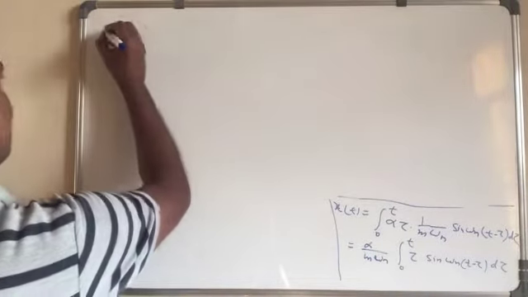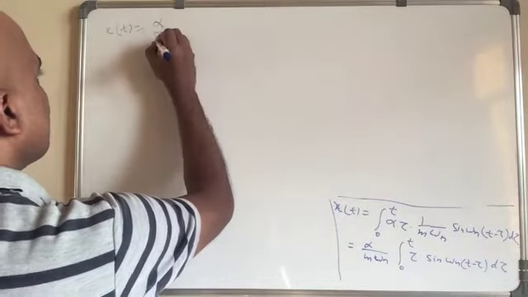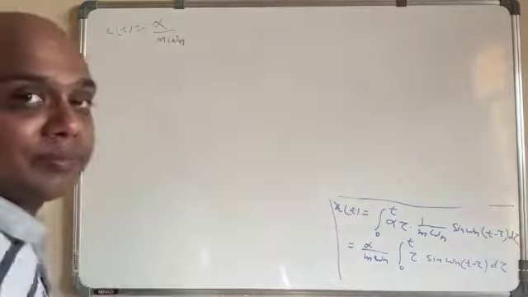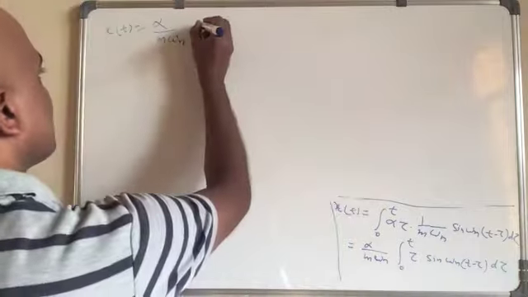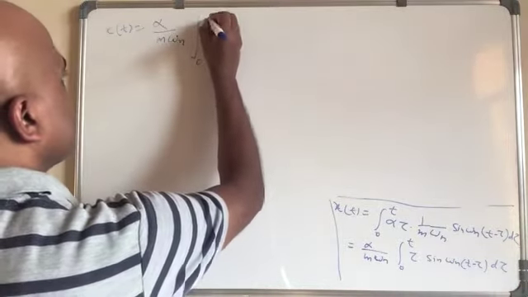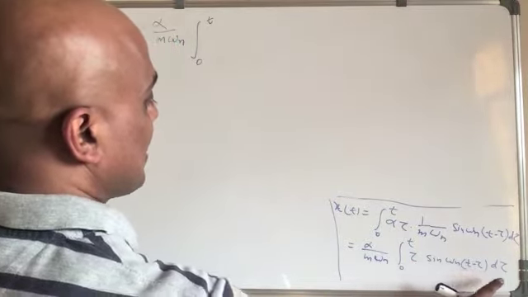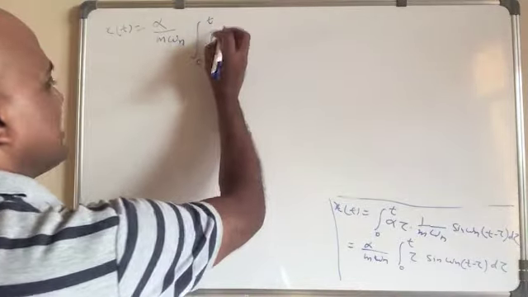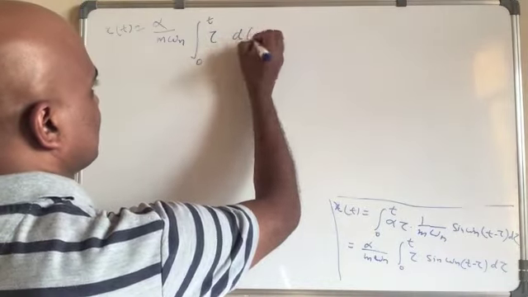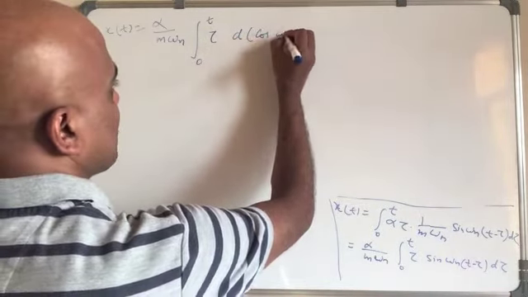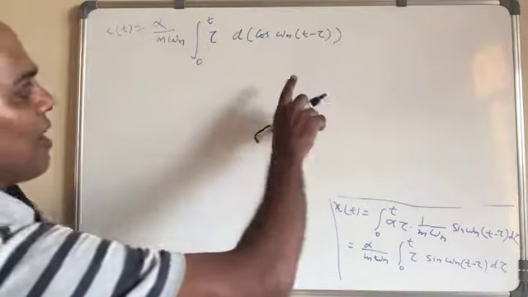Continuing from here, x(t) is equal to alpha divided by m omega n, times the integral from 0 to t of tau times sine omega n (t minus tau) d tau. We can write sine omega n (t minus tau) d tau as d of cos omega n (t minus tau) divided by omega n. Why?